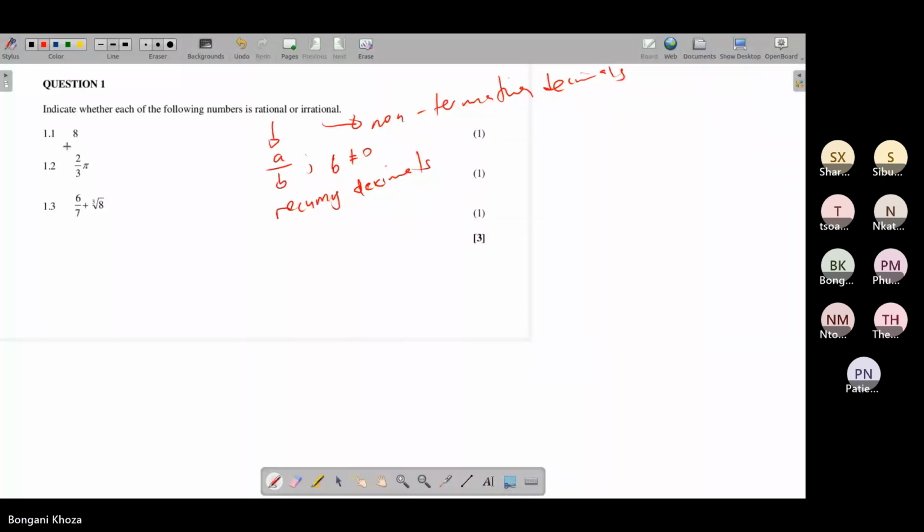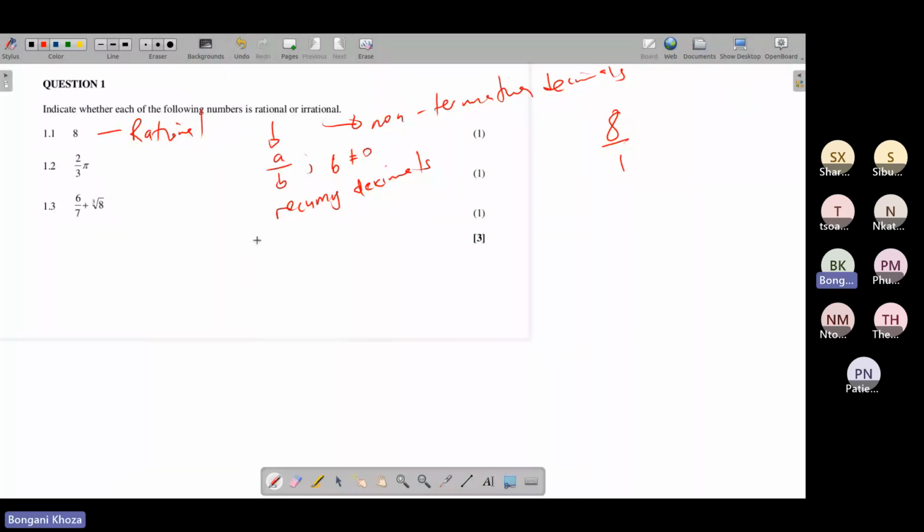Rational. It's rational because we can write it as a fraction, it can be 8 over 1. So this is rational. Right, and then 2 over 3 multiplied by pi. Rational or irrational?